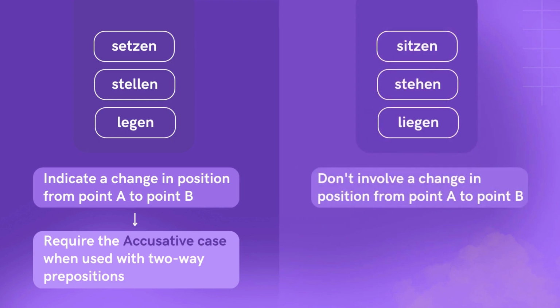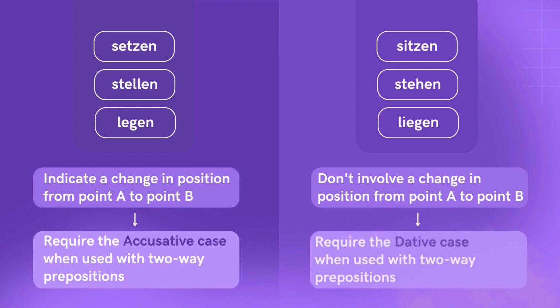On the other hand, the verbs sitzen, stehen, and liegen do not involve a change in position from point A to point B. Therefore, sitzen, stehen, and liegen require the dative case when paired with two-way prepositions.